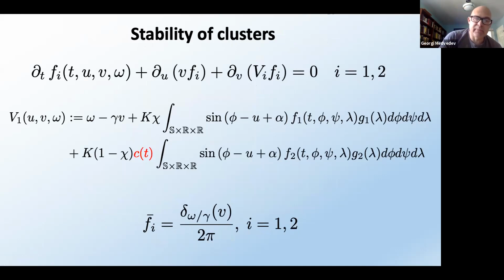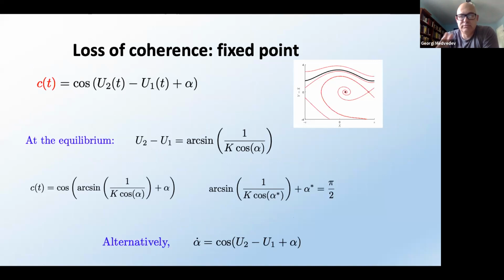And then when this system uncouples, we can use this information to identify the parameters where we have this loss of stability for the incoherent state, and in a way, we get the boundary for the stability of the coherent state. Well, it sounds a little complicated, but here is how it goes.